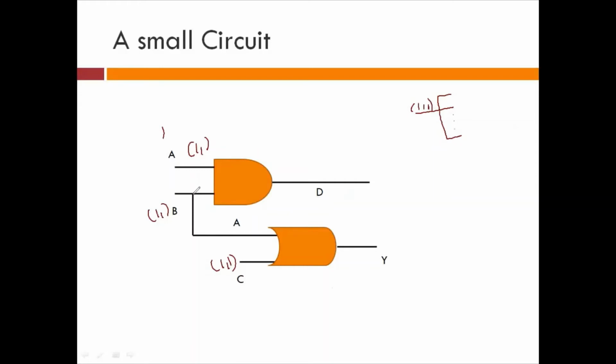So if this is the fan out stem, the fan out branches will have the same controllability, so in lines पे same controllability आएगी. Okay.